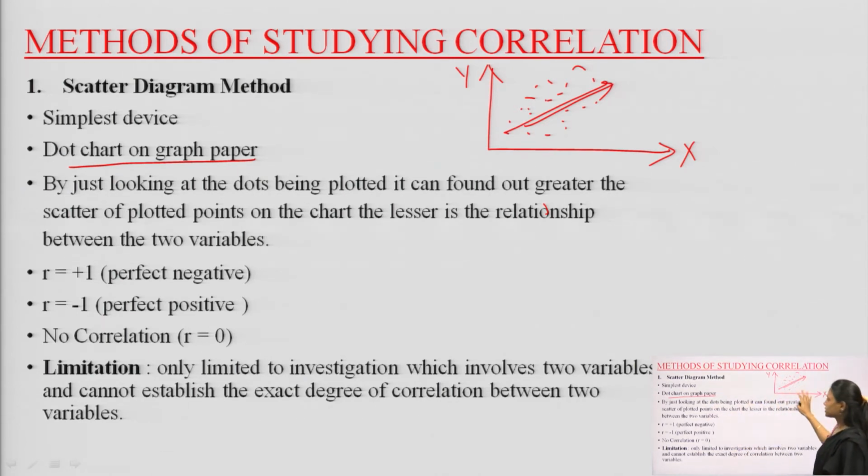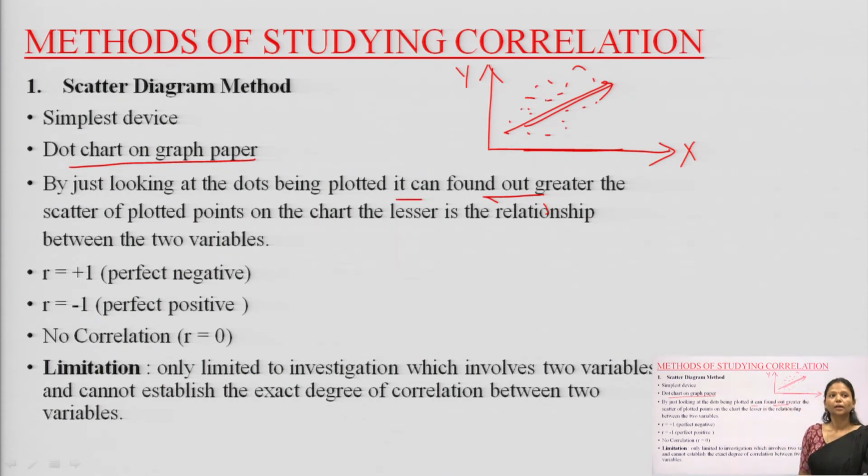By just looking at the dots which we are plotting, we can find out where these dots are scattered, or which area the dots are concentrated in, and by looking at that only we can find out what kind of correlation the two variables on the x axis and the y axis have.